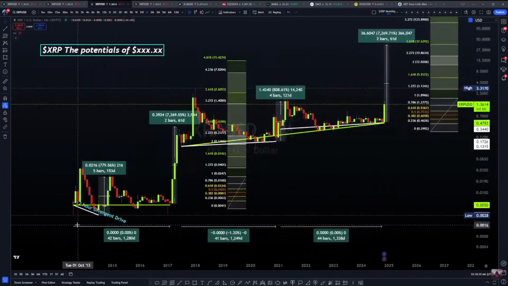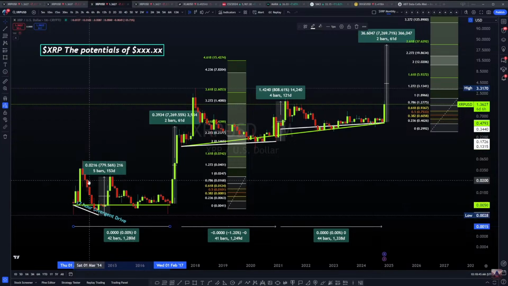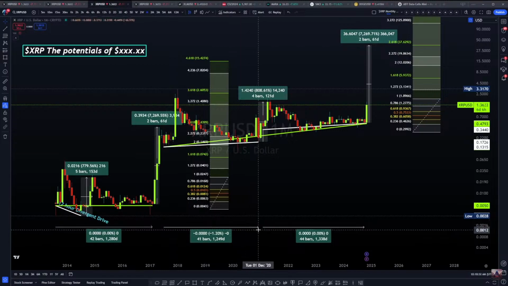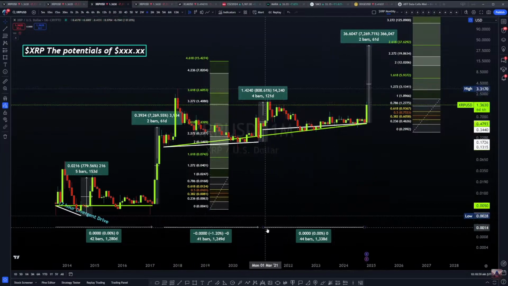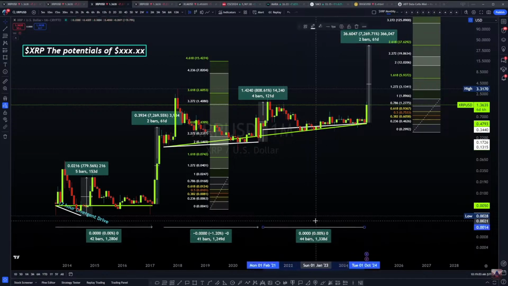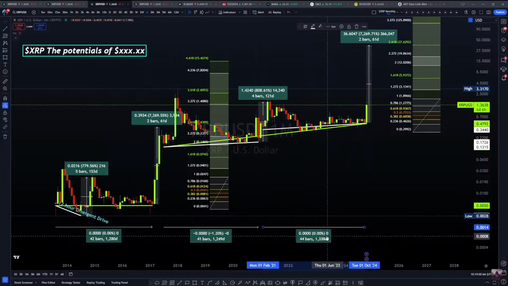Phase 1 is averaged at 1,280 days, equivalent to 42 bars. It just so happens that the half of phase number 2 is also 1,249 days, 41 bars. The second half of the second phase is also 44 bars, 1,338 days. 1,280, 1,294, 1,338, 44 bars, 41 bars, 42 bars.